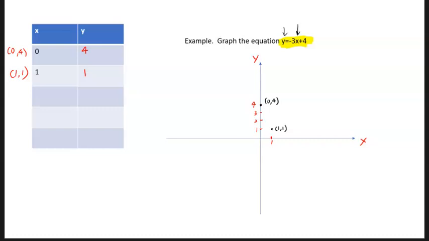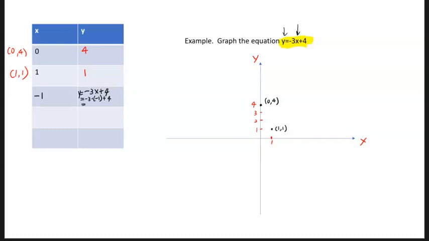So I'm going to pick a number for x. Since we already have the solutions for x equal to 1 and x equal to 0, I'm going to pick, let's say, -1 here. When I pick -1 for x, I'm going to plug -1 into this equation. y equals -3x plus 4, and I'm going to replace x with -1.